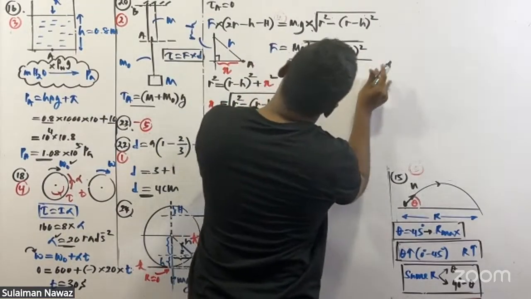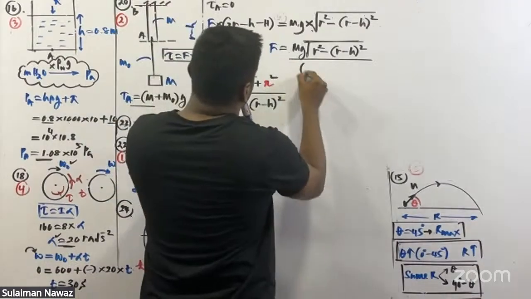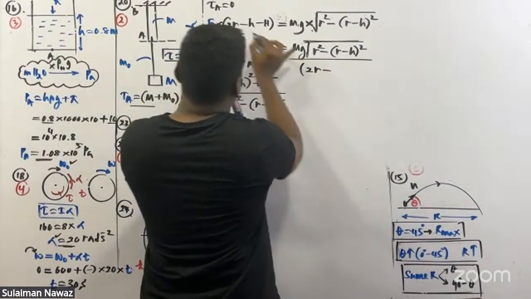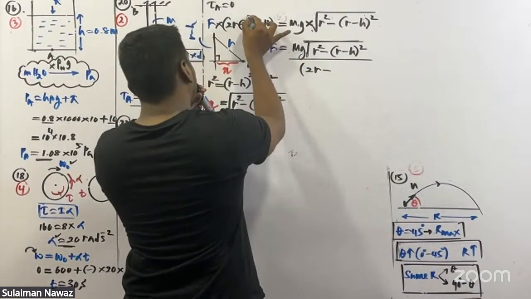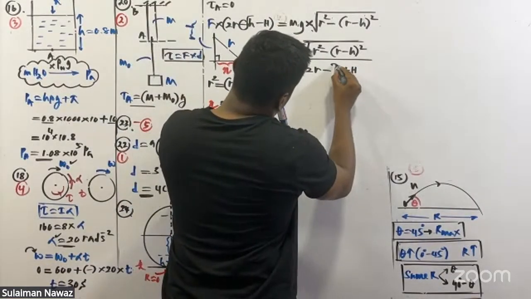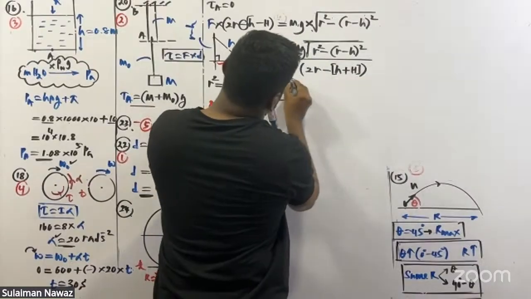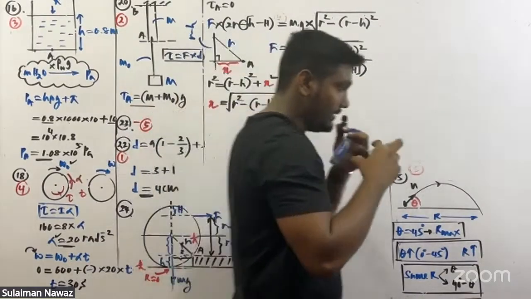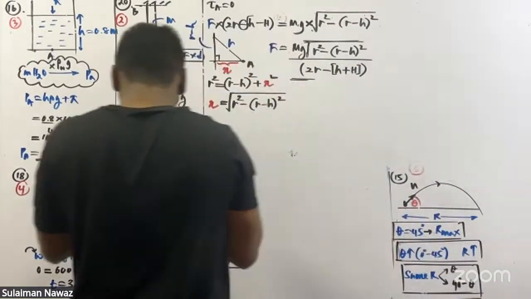Over here, take the minus as a common factor out, giving 2r minus h, and then h plus capital H. Nice question. The answer to this question is the second one.